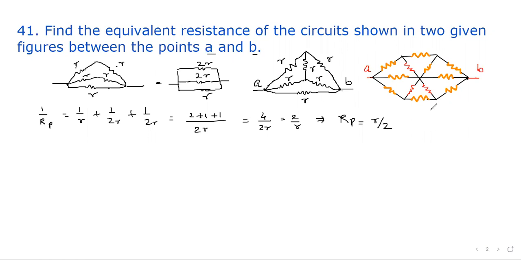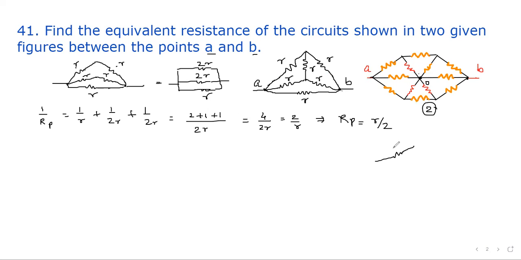Now consider figure number 2. In figure number 2, the current through this resistor will be same as current through this resistor. Current through this resistor will be same as current through this resistor. So what do we do? We take this point O upside and we write the circuit as follows.